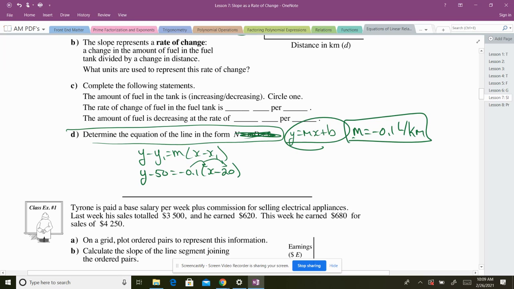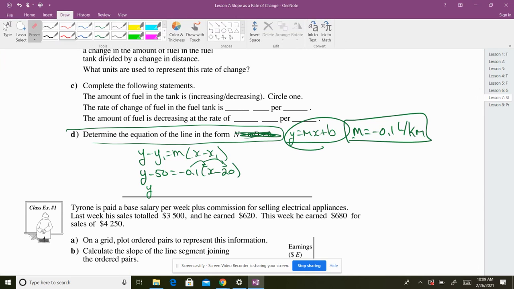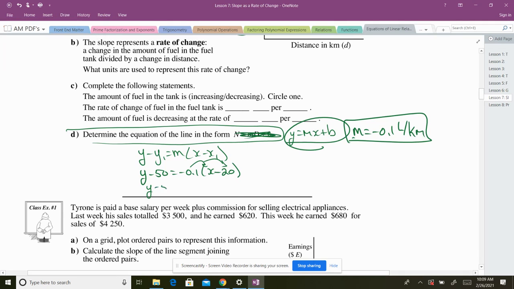Decimals are okay for these type of questions. So I get y minus 50 is equal to negative 0.1x. Negative 0.1 times negative 20 is plus 2. You're going to add 50 to each side, and you end up with that.